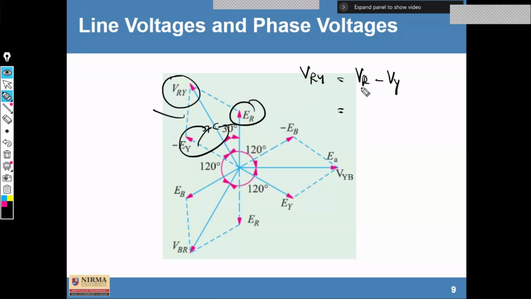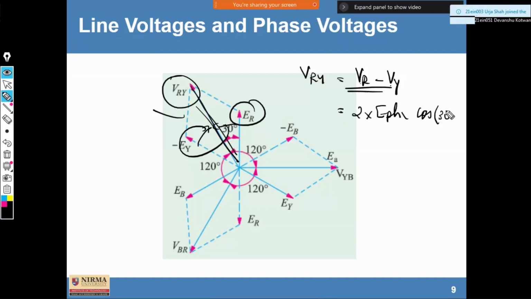Fine. So here in this equation, if we enter the values of this VR, VY and resolve it onto the Y axis, or what we can say your line voltage axis. So here we can have EPH and EPH. Fine. So we can write this as EPH into cos 30 degree.